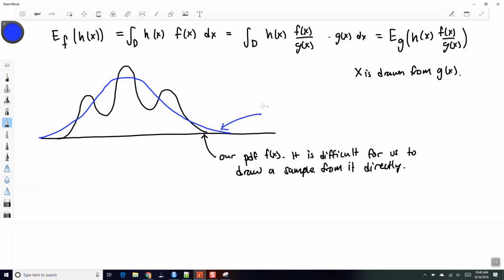This will be a different distribution g of x, and we can get samples from here easily.